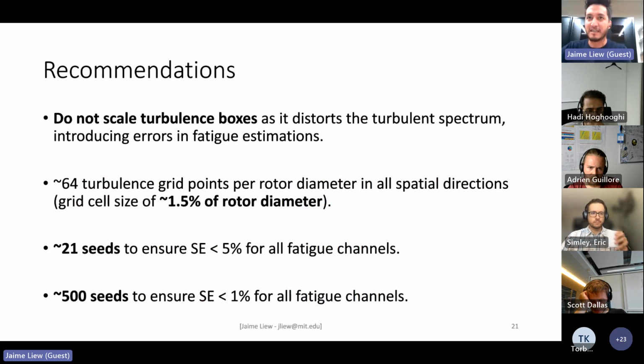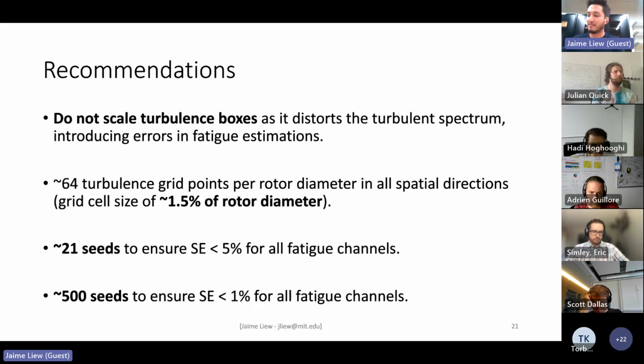And so the recommendations in the end are pretty clear, but again, where they are valid is another question. Firstly, do not do this turbulence box scaling, as it distorts the spectrum, causing a bias in your fatigue load estimate. The other thing is 64 points per rotor diameter in all spatial directions is recommended.